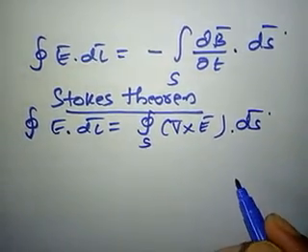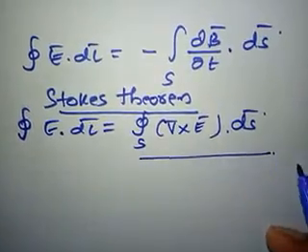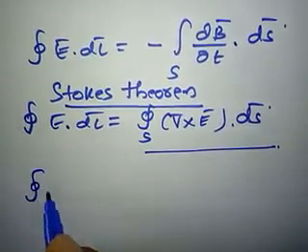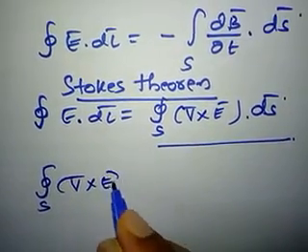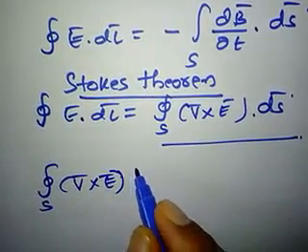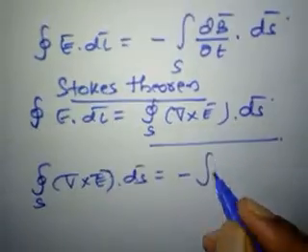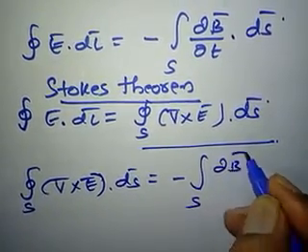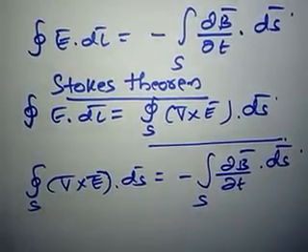In the previous equation, replace this E bar dot dl bar with this expression. So the surface integral of del cross E bar dot dS bar is equal to minus the surface integral of dou B bar by dou t dot dS bar. I hope everybody is following, students.